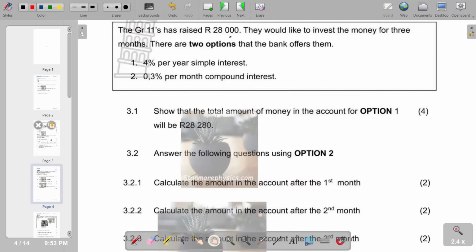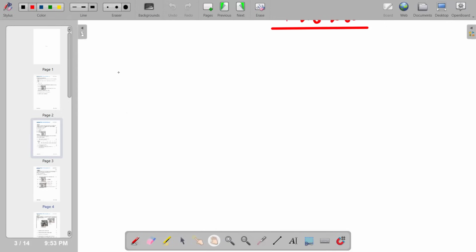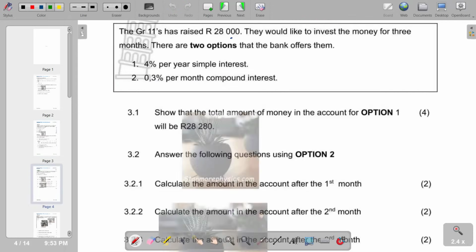So in the first month, this is 3.2.1. It's going to be 0.3 over 100, and then we multiply by the total amount, which is, of course, 28,000.